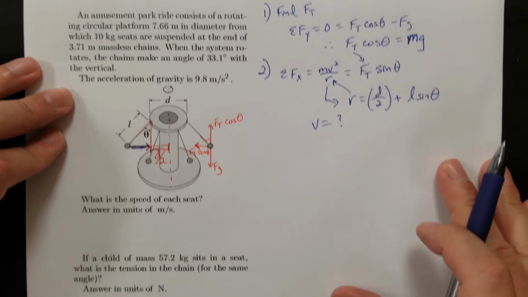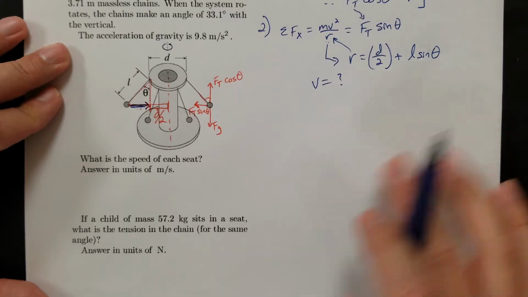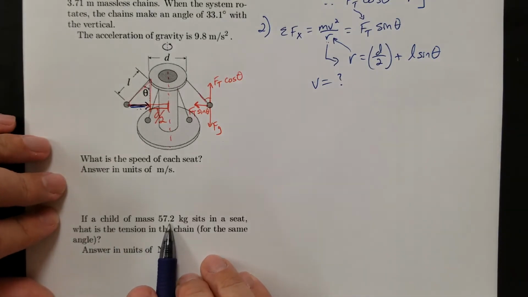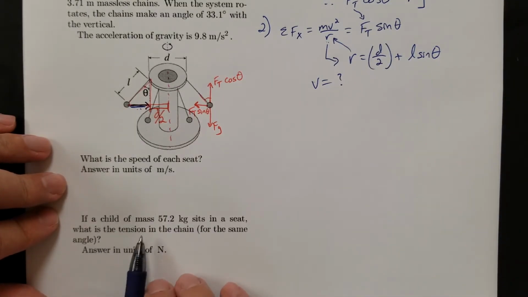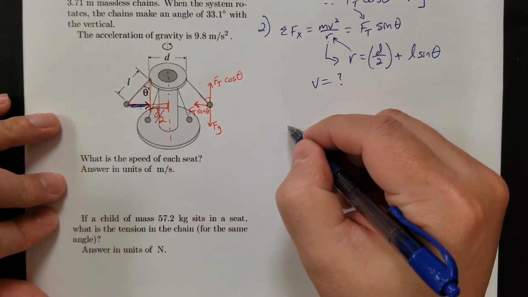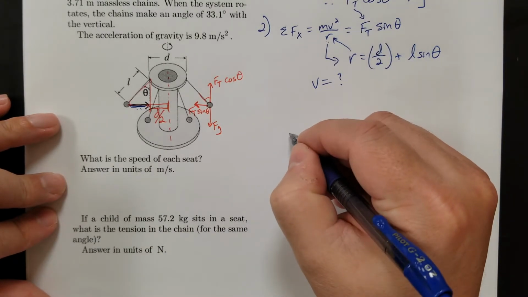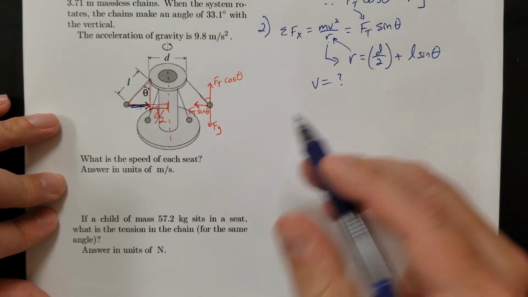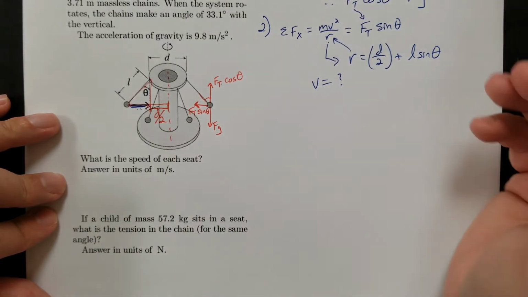Okay, the second problem is saying if a child of mass 57.2 kilograms sits in the seat, what's the tension in the chain? So we'll go back to our y equation, because that's the easier thing to solve for F_T.